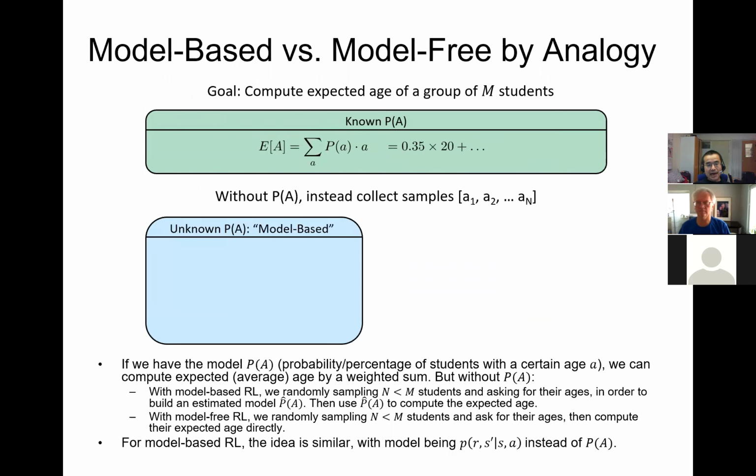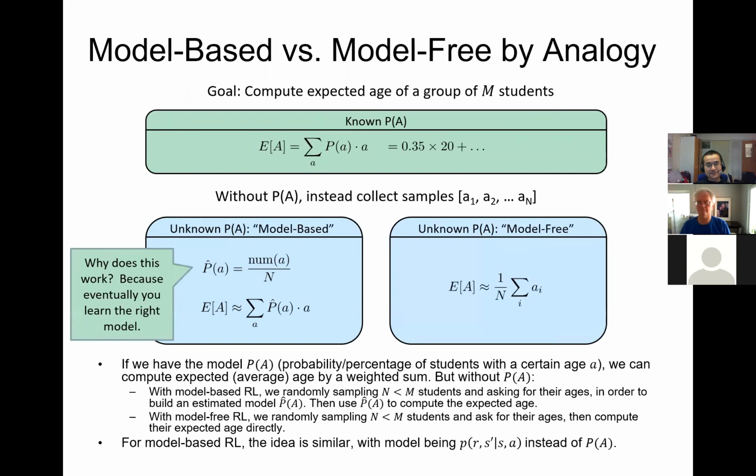Here's an analogy of model-based and model-free. Suppose you want to compute the expected age of a group of M students. If you know the model, that is, you know the probability, the percentage of students with a certain age a, then you can do a weighted sum to compute the expected average age.